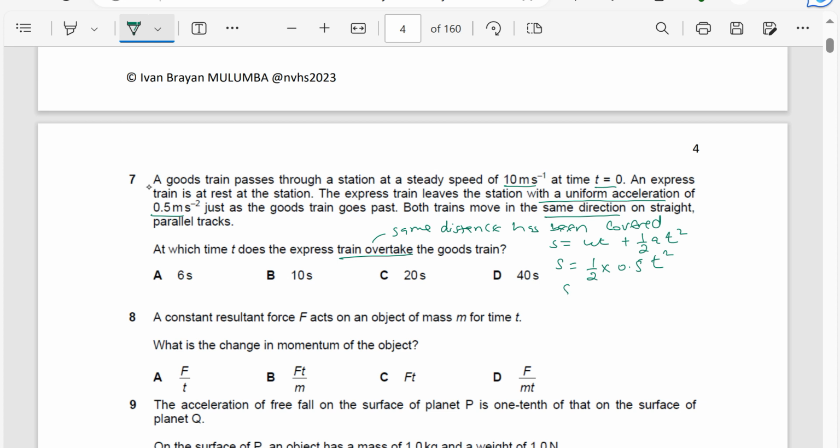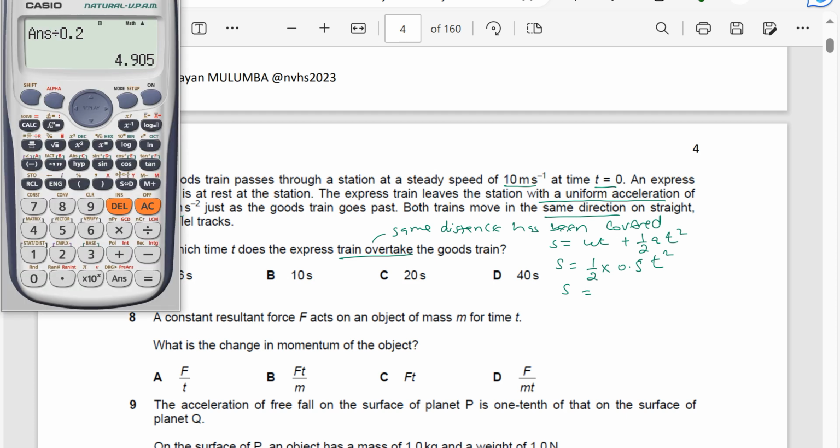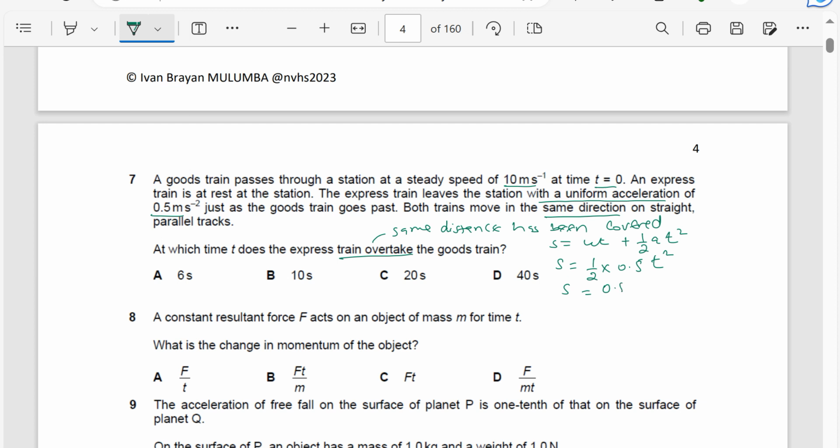So it means S, the distance at the time of catching up, is actually going to be 0.5 divided by 2. Okay, let me just leave it as 0.5 over 2 times t squared. Then remember the other one was moving at a constant speed.